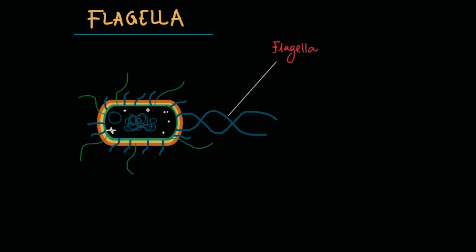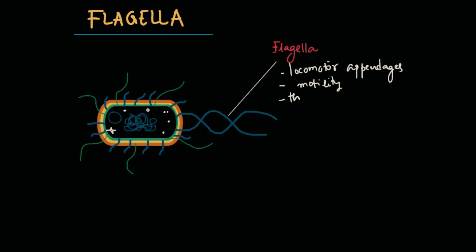We will now learn about prokaryotic flagella. Flagella are locomotor appendages. That is, they are needed for locomotion. Hence, their function is providing motility to the prokaryotic cell.